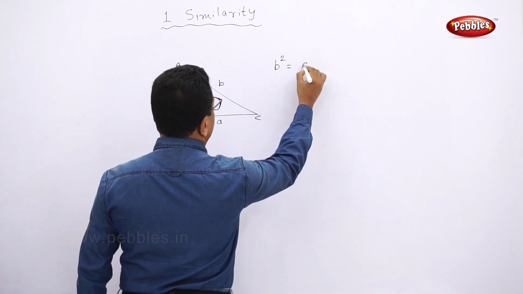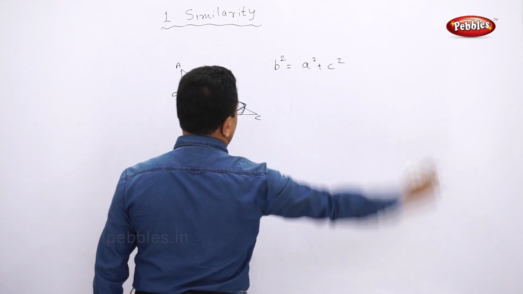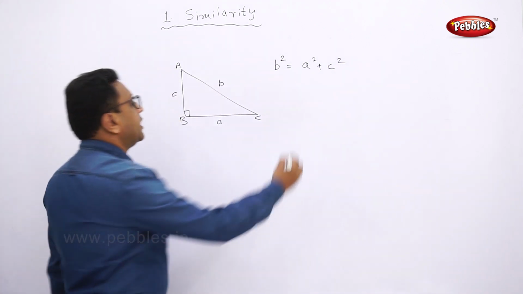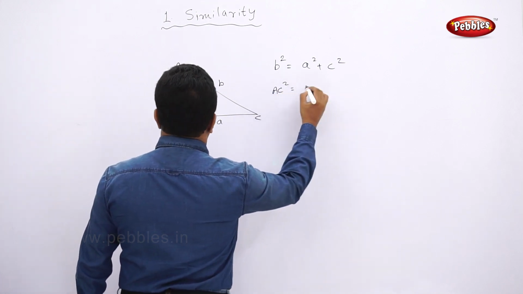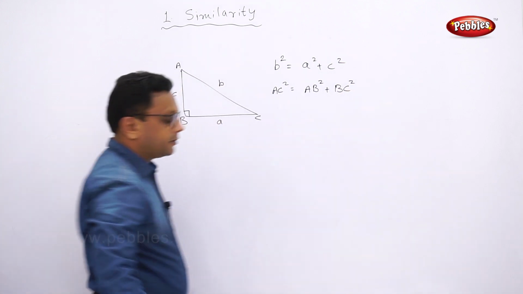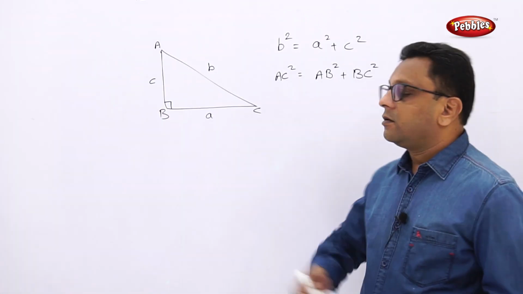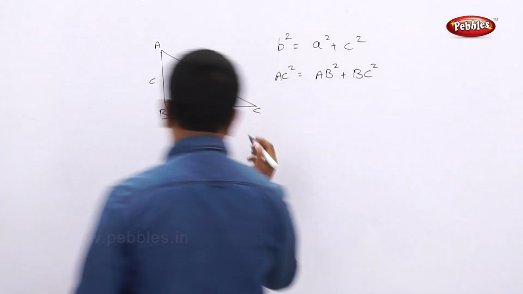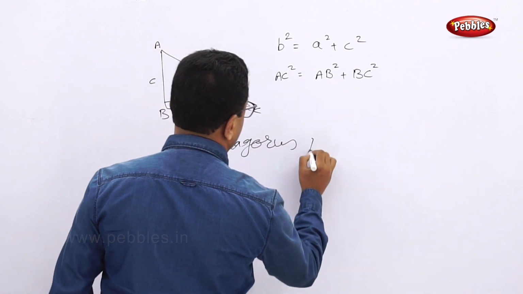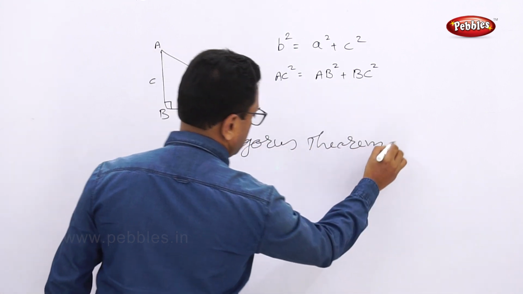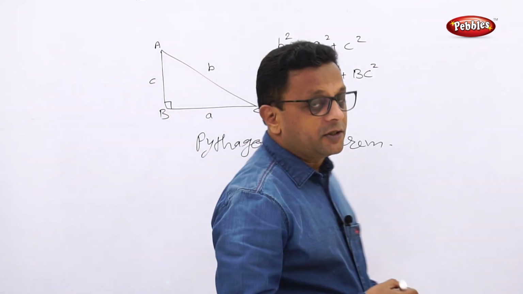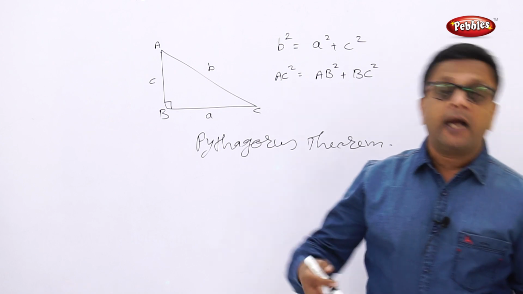B square is equal to A square plus C square, or you can say that AC square is equal to AB square plus BC square. This is the Pythagoras theorem.